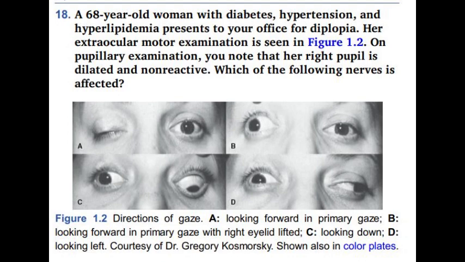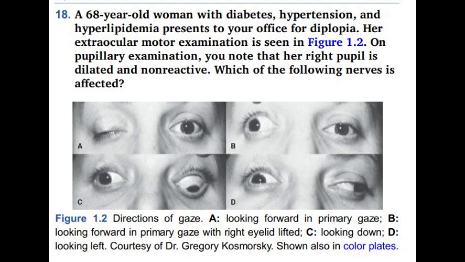Remember that for the upper eyelid to open, there are three muscles involved. The first is the orbicularis oculi, which is innervated by the facial nerve. The second is the levator palpebrae superioris, which is innervated by parasympathetic fibers from the oculomotor nerve. And the third is the Müller muscle, from the underbelly of the levator palpebrae superioris, which is innervated by sympathetic fibers.